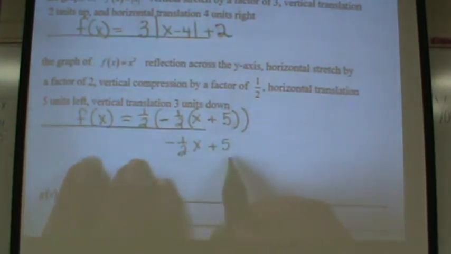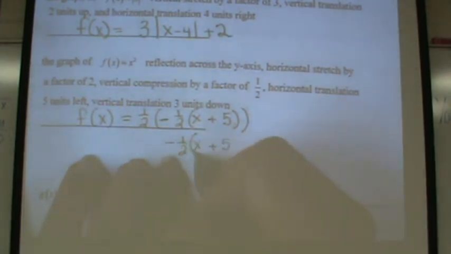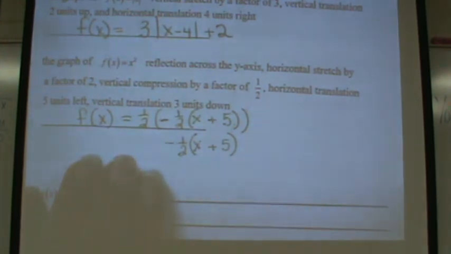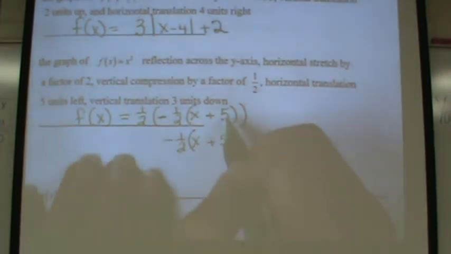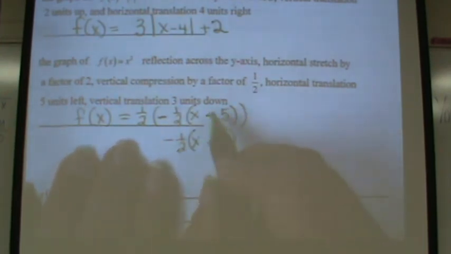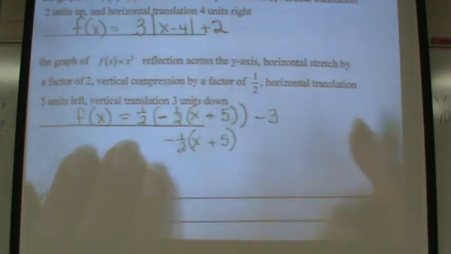You'd have to divide this by -1/2. So if you put the parentheses around it, now it's 5 units left. Now, if you had a -10 here, then it would be okay, and you don't need the parentheses. And then the last thing is 3 units down.